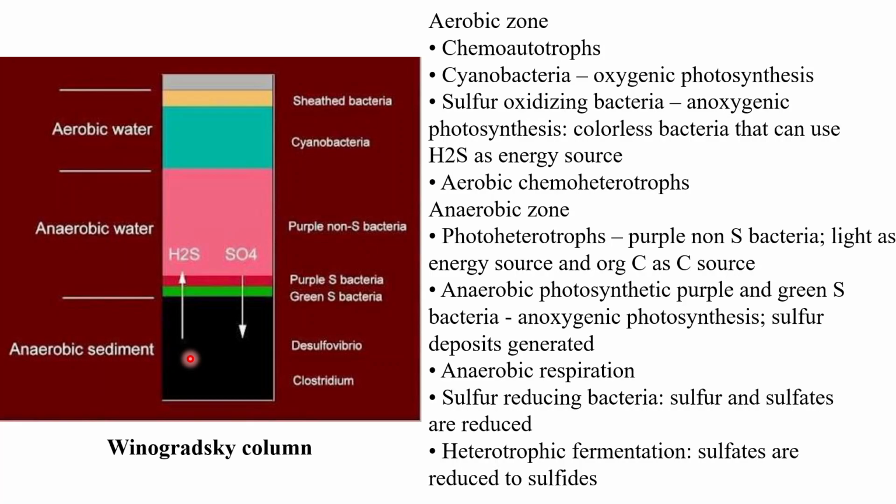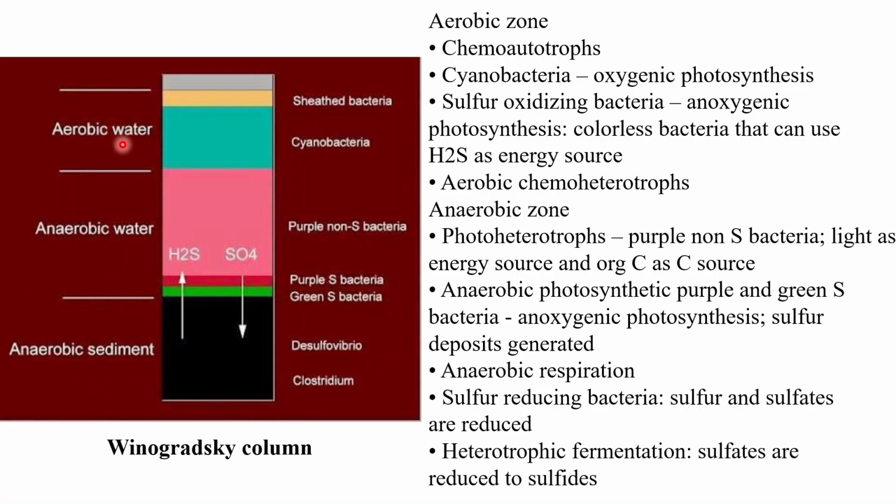So once you add this and then leave the column like that under sunlight, what will happen is the light will pass through the column till a certain point, and along with light, oxygen will be present in the surface of the column but not deep inside. So the column will automatically get divided into these three zones: aerobic water, anaerobic water, and then anaerobic sediment.